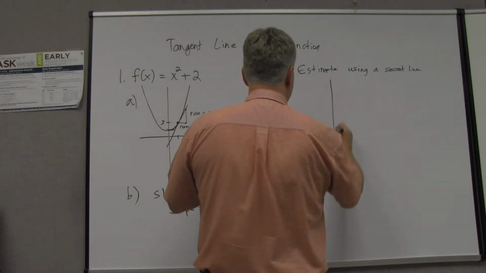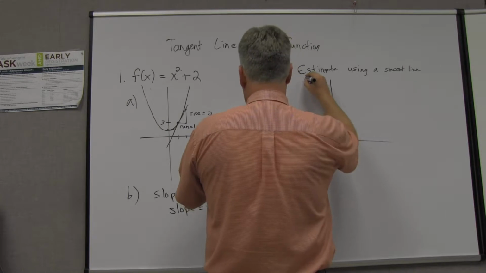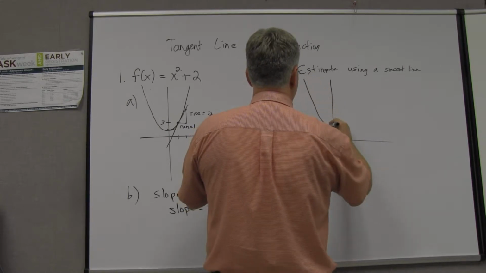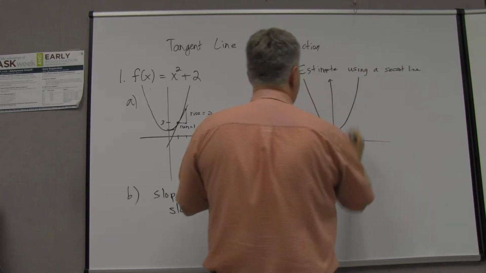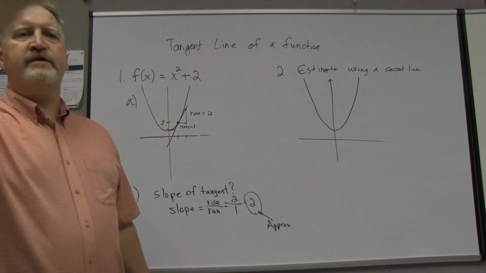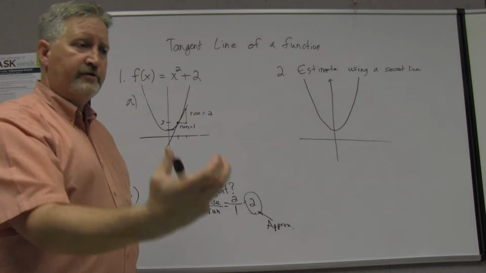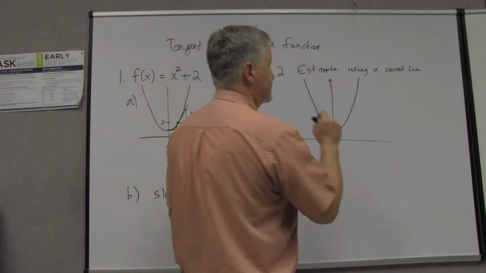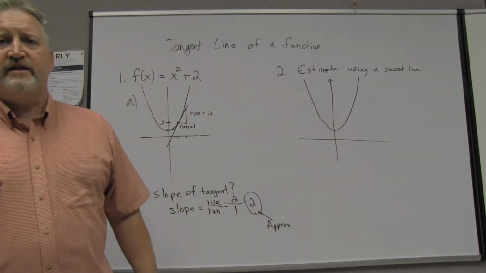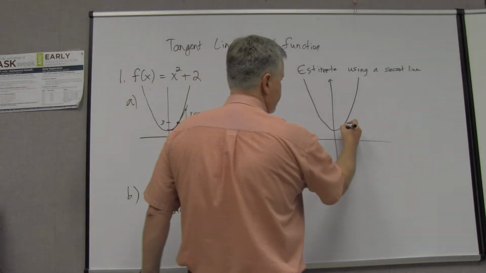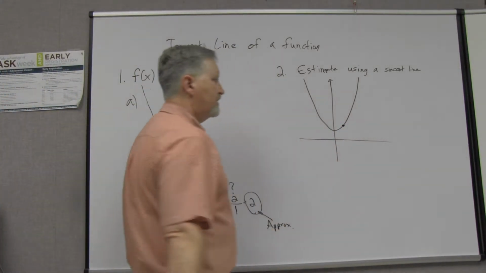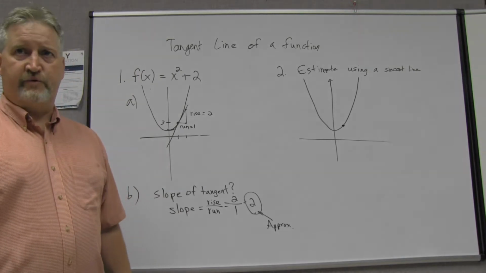Okay, so I've got my function here. And I'm not going to subjectively draw in a tangent line. I'm going to do it with a secant line, because the deal about the secant line is that not only does it have this point on the graph, but we've got that second point on the graph.